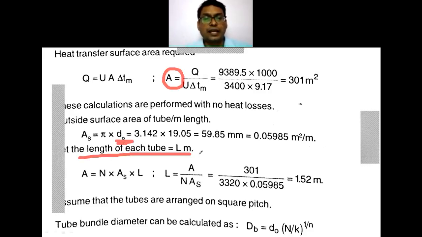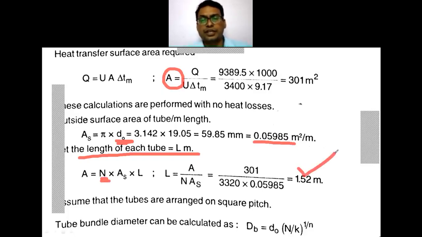Let the length of each tube be L meters. From this area and this number of tubes, I can calculate the length as 1.52 meters.